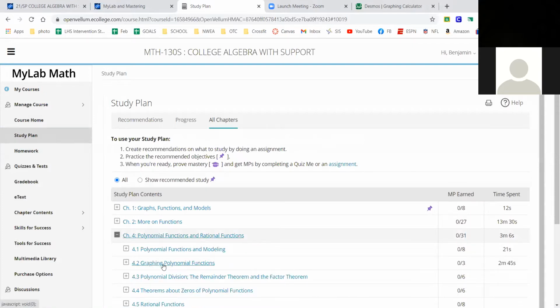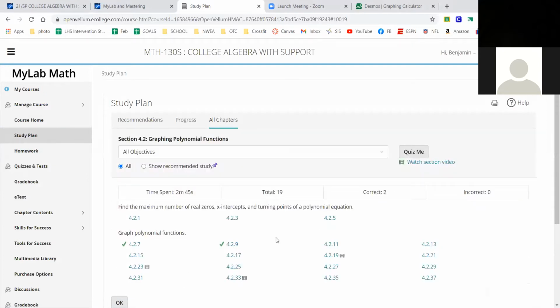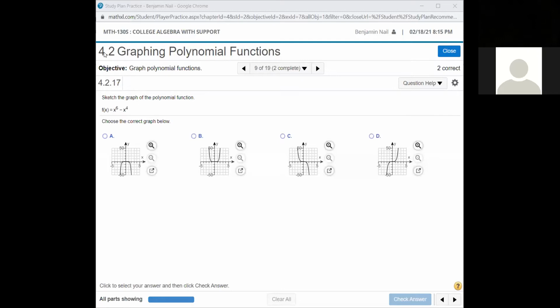I'm going to look at 4.2. There we go. All right, so if I share this screen, hopefully you're looking at a question here. It says 4.2 graphing polynomial functions. This is specifically 4.2.17, okay?